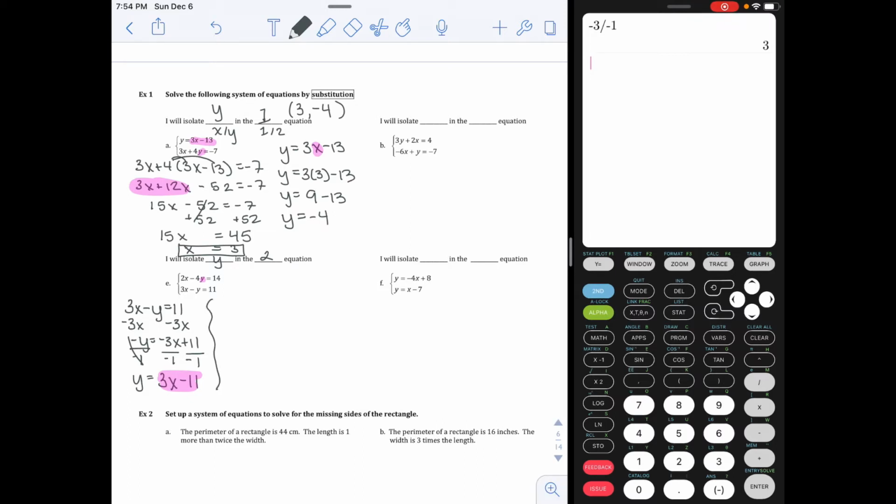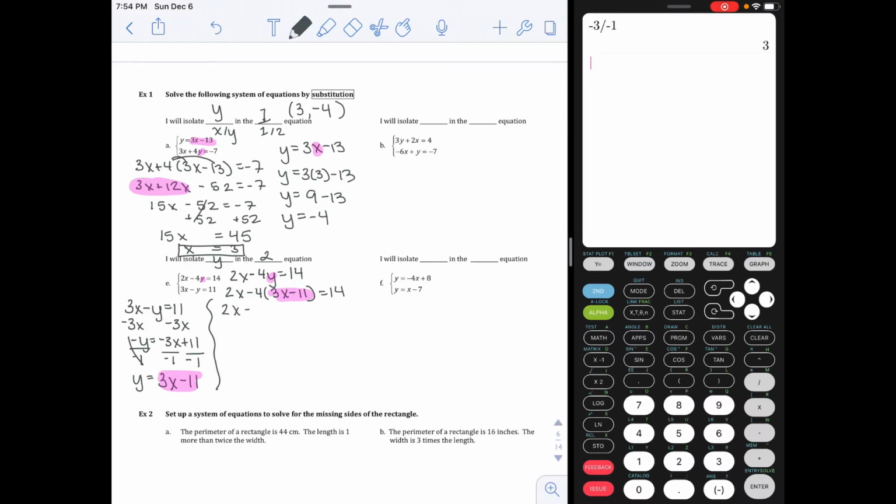So now we have a 2x minus 4y equals 14. Plugging it in, 2x minus 4 times 3x minus 11 equals 14. So we have just substituted, right? Instead of this y, we have all of that inside.